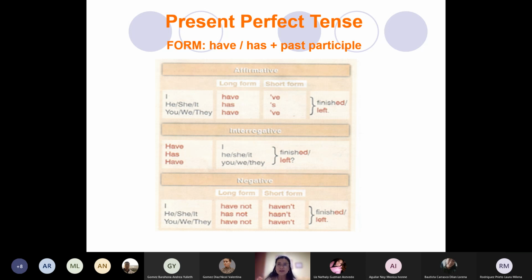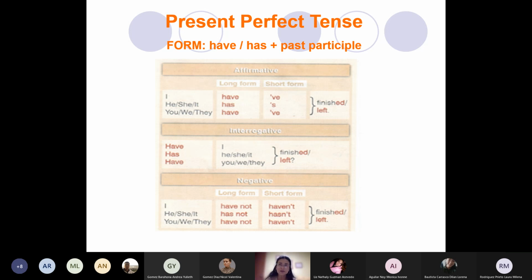What is the past participle of the verb? ¿Han visto la lista de los verbos irregulares? Y han visto que hay una columna que es la del pasado y hay una tercera columna que es el verbo en participio pasado. Pues esa tercera columna, ahí es cuando nosotros los utilizamos para expresarnos en presente perfecto.